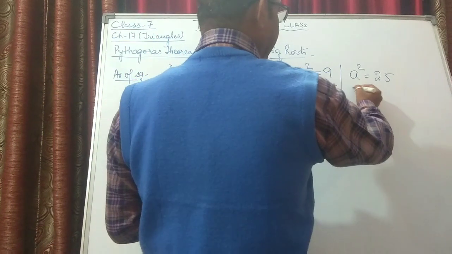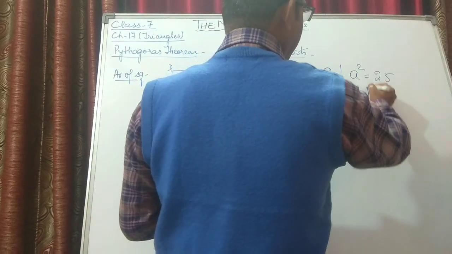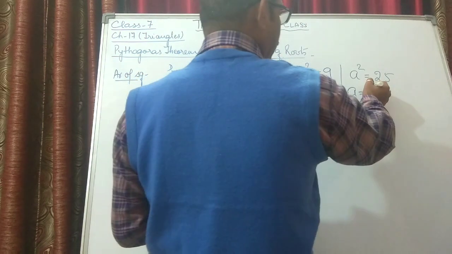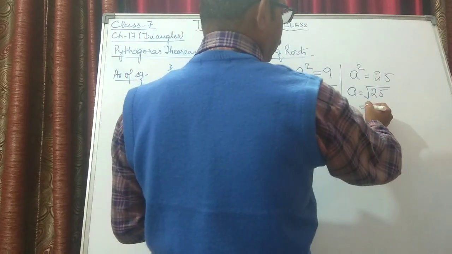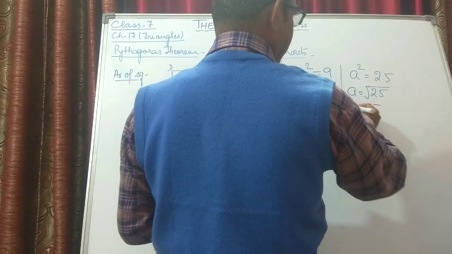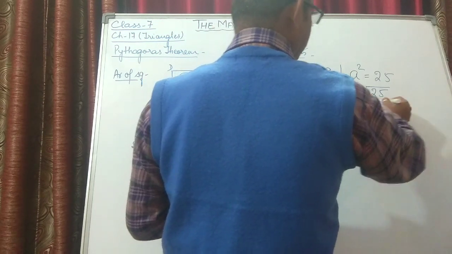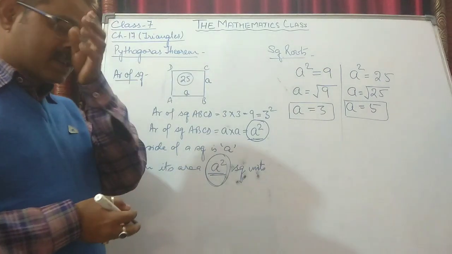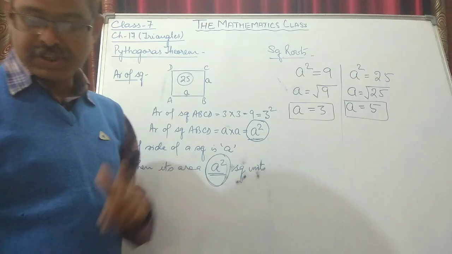A can be written as under root of 25. This is the new concept, known as square root. So under root 25: 5 into 5 is 25. So A comes out to be 5. So these two concepts you need to know, square and square root.